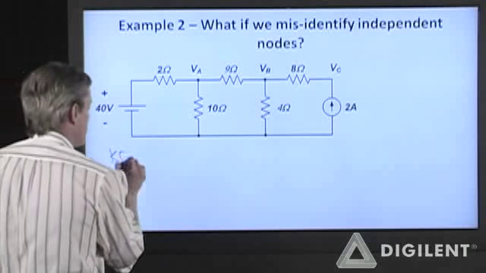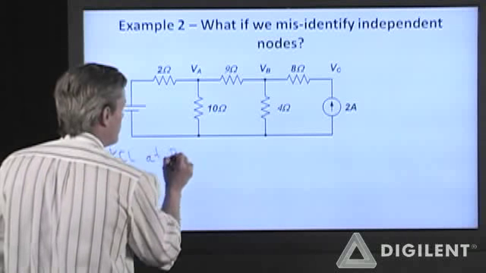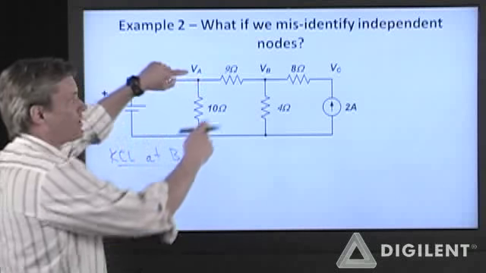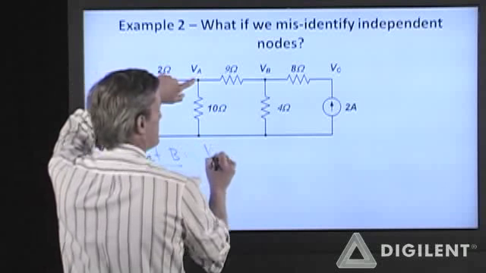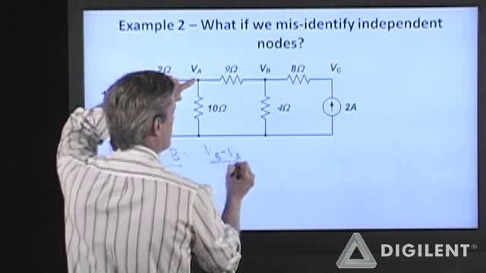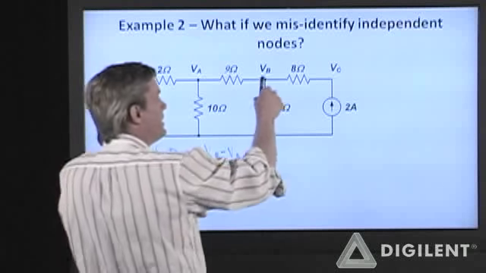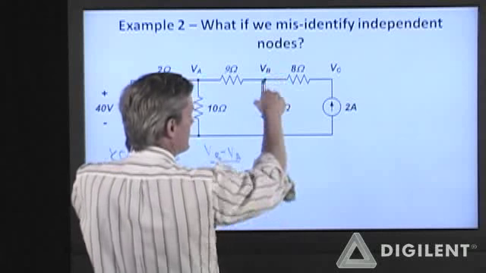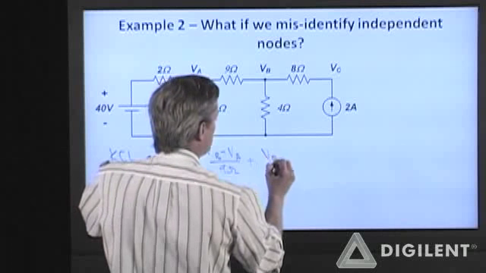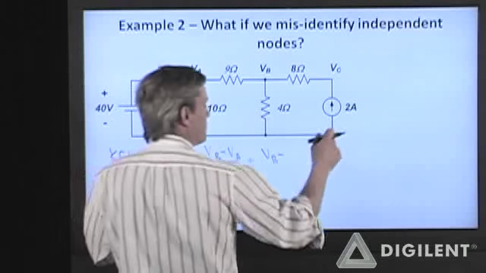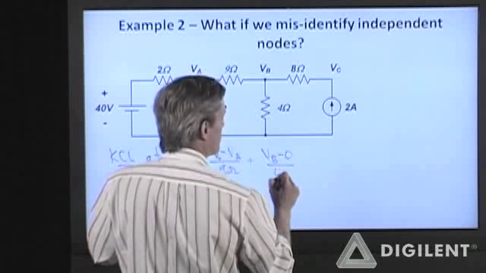So let's redo our KCL equation at node B. The current through the 9 ohm resistor is still V sub B minus V sub A over 9 ohms, assuming that the current is positive out of the node. The current through this 4 ohm resistor is V sub B minus, this was our reference voltage of 0 volts, over 4 ohms.